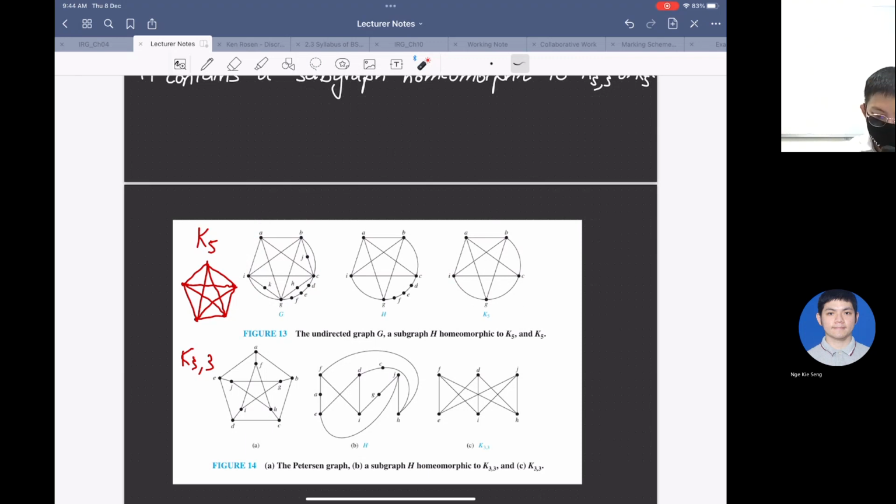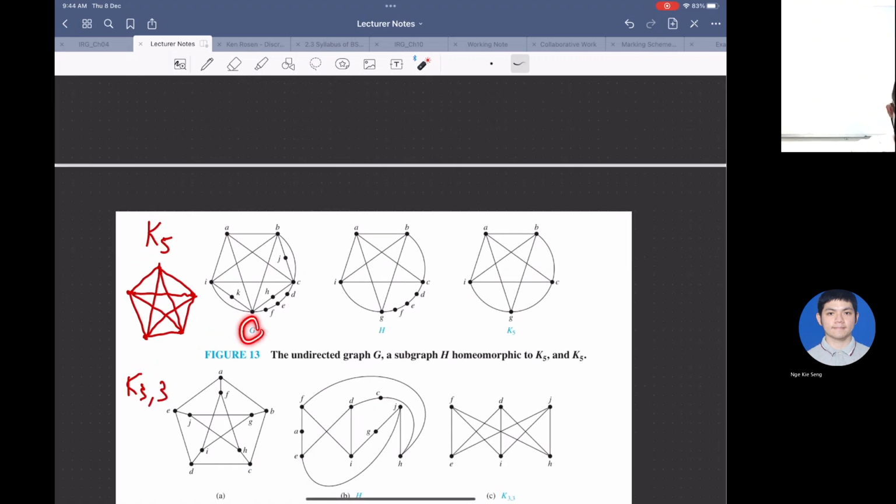Subdivision. First of all, A, B, J, C, H, G, K, I, and the edges together form a subgraph of G. This subgraph can be obtained by elementary subdivision of K5 because you can just add J here, then add K here, and then add H here.